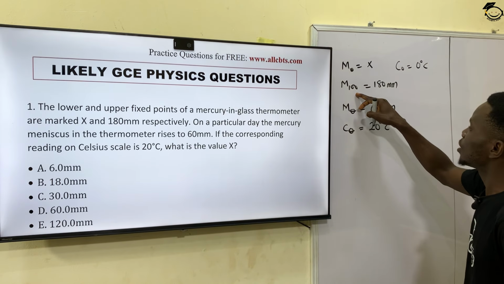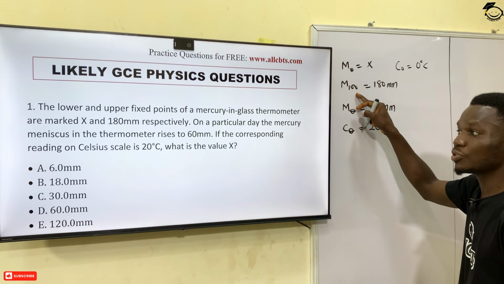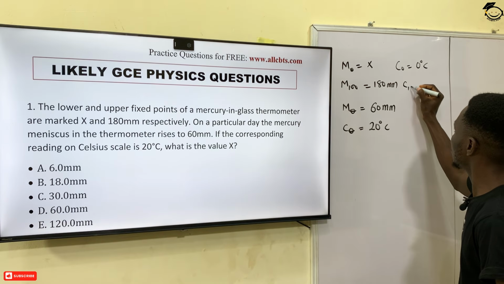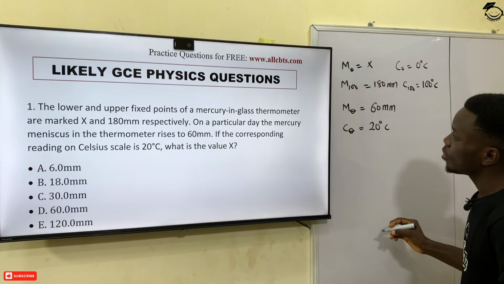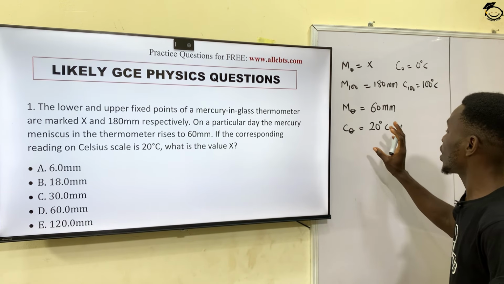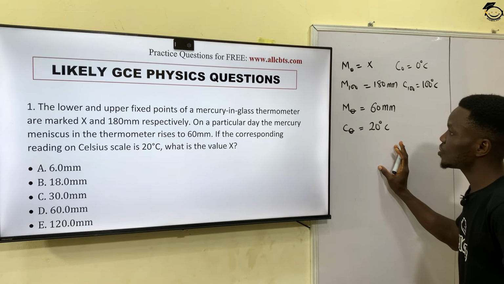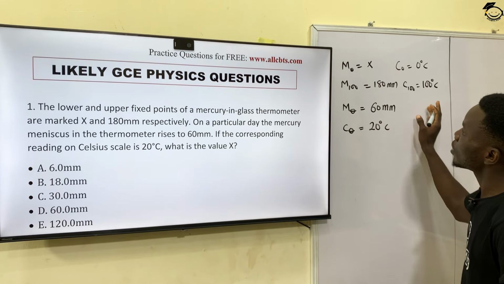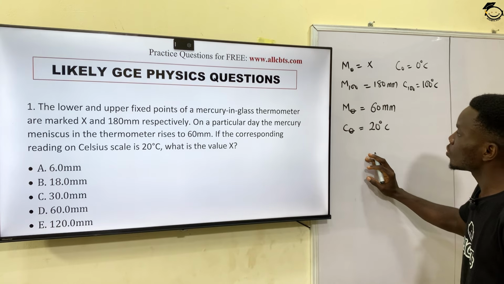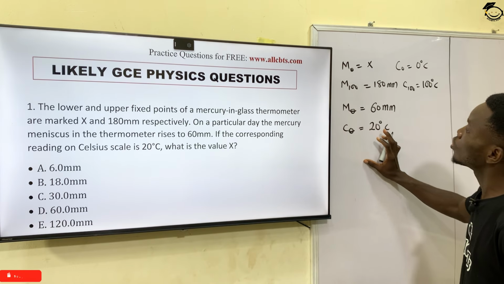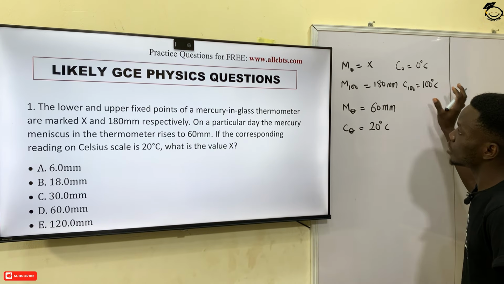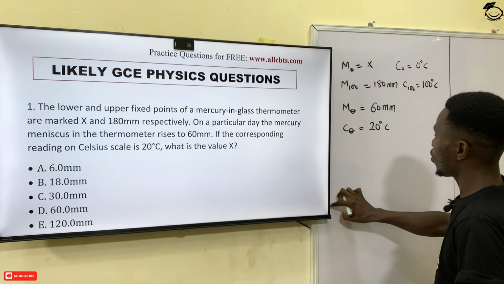At M100, which is the upper fixed point of this mercury in glass thermometer, my C100 is 100 degrees Celsius. So in order for us to be able to find out the value of X, we have to do a comparison of the fundamental interval and the conversion from your mercury in glass thermometer down to your Celsius scale reading of this temperature.